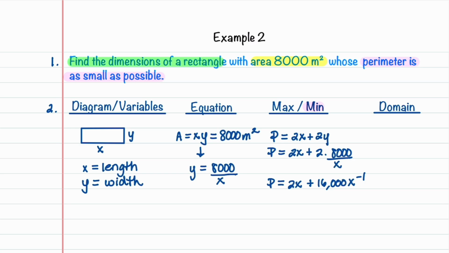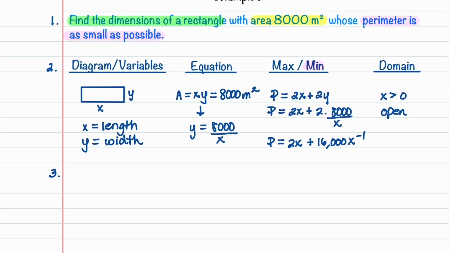Now let's think about our domain. We are given no constraints on our length x, but we know that a length can't be negative, and it also can't be 0 if we have an area of 8,000. So let's write down that x has to be greater than 0, and our domain is open. We'll need that in a few minutes.